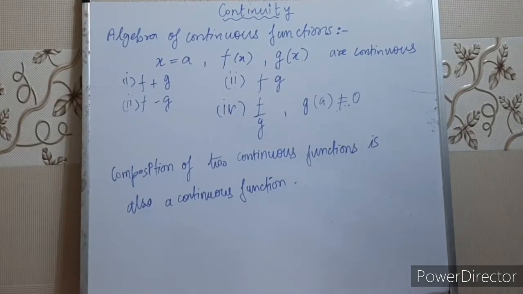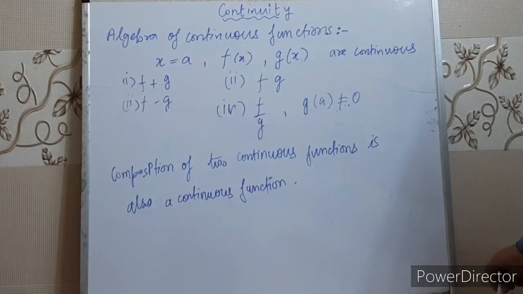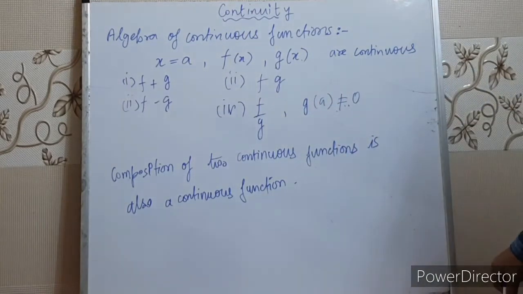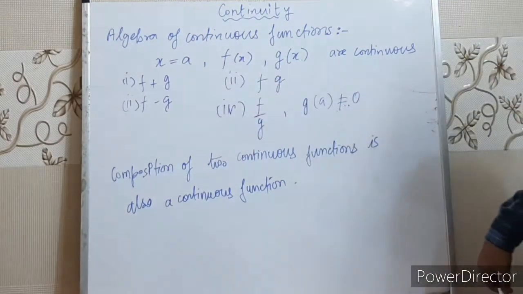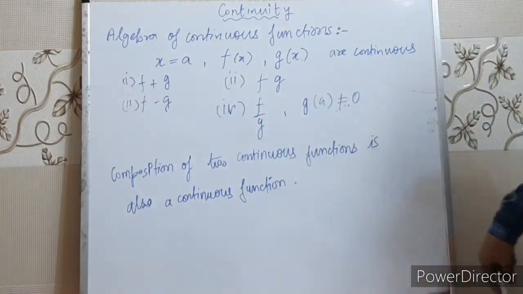Now children, algebra of continuous functions. Suppose at x equals a, the two functions f(x) and g(x) are continuous. Then their sum will also be a continuous function. Their difference will also be a continuous function.